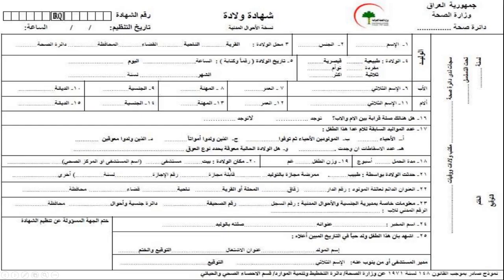Number 20 is the place of birth, whether it was in the house or in the hospital. If it was in a hospital or a health center, you write the name of the hospital or the health center here. The next is about information of how the child was delivered. So you say delivery was undertaken. Delivery was undertaken by whom?